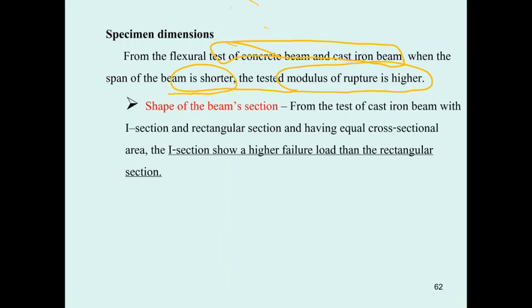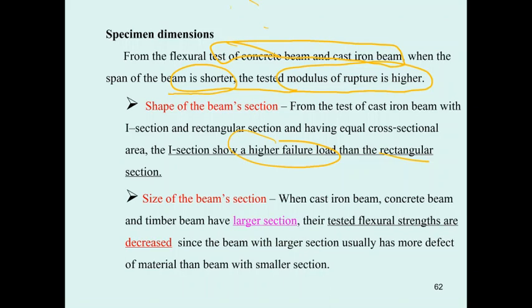I section shows a higher failure load than the rectangular cross section. Okay, just use this for some notice. You may have a chance to test the I section or rectangular section when you work in the field. Okay, the size, larger size may have a lot of defects. So the flexural strength is going to decrease, because the larger size is going to have more defects, okay, more defects than the smaller section.